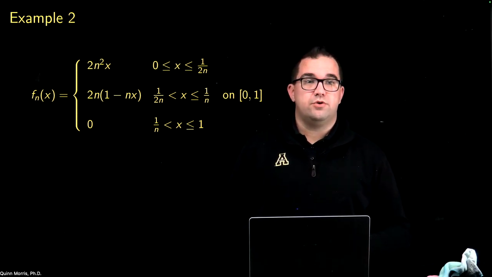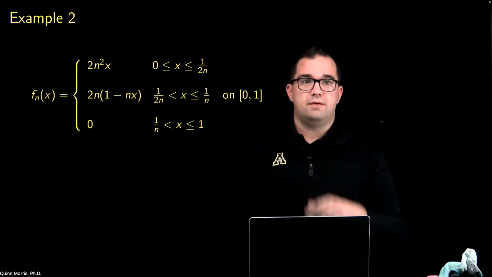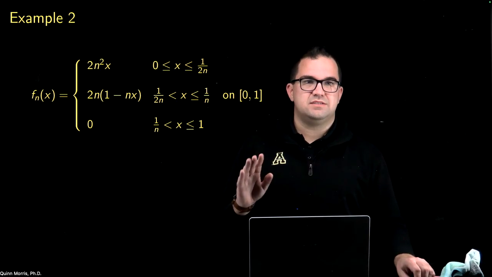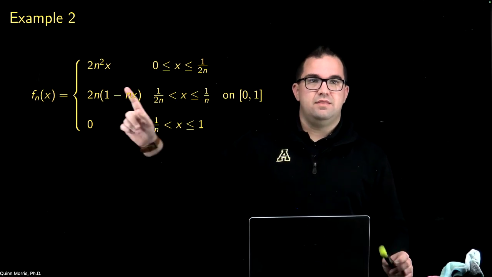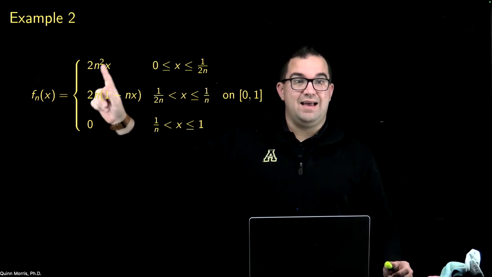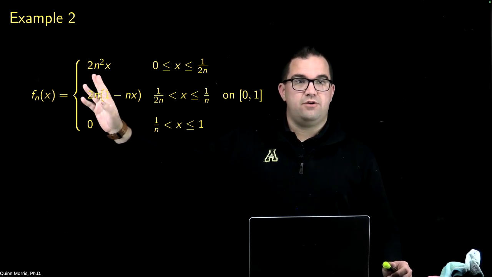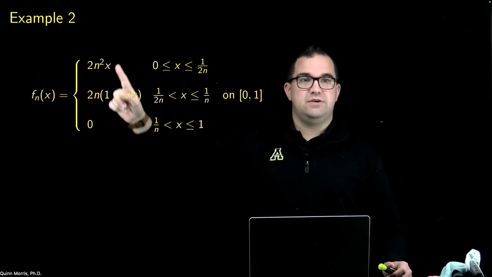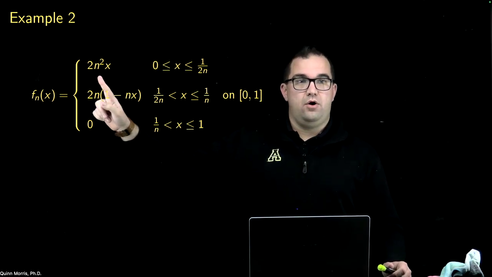Now, before we switch over to Desmos, let's make a couple of observations. The first is that for any fixed value of n, this first part is a linear function of x. When x is equal to 0, this has the value 0.